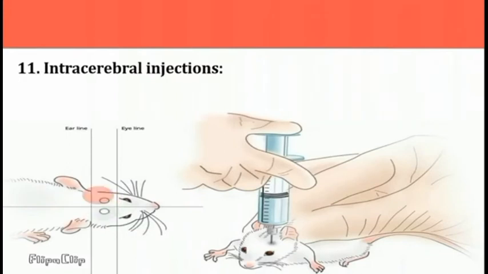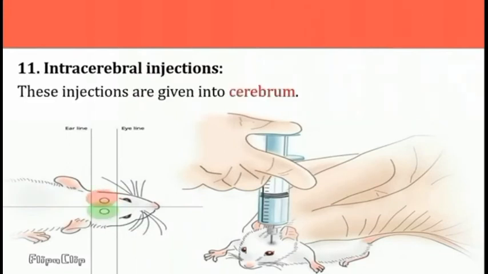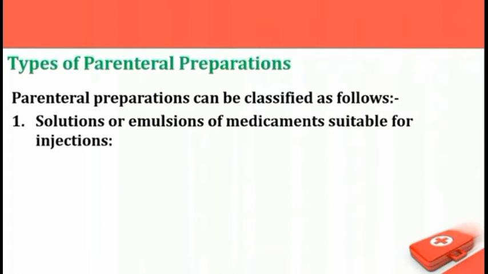So the next route is the intramuscular route, that means IM. Basically in the intramuscular route, the injection is injected into the skeletal muscles, and the volume is 2 to 4 ml.